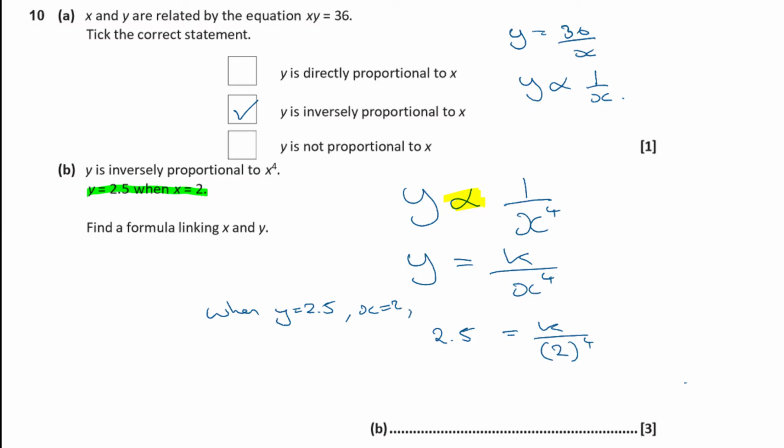So 2 to the power of 4 is what? 2, 4, 8, 16. And 16 times 2.5, that's 40. So that's going to give me k is equal to 40. And then the complete equation is y is equal to 40 divided by x to the power of 4. And that's the equation that links y and x.